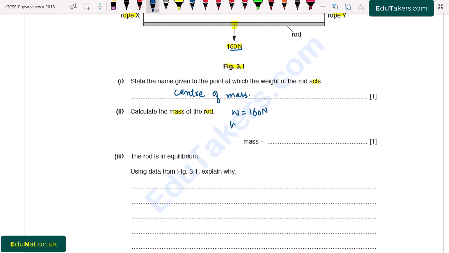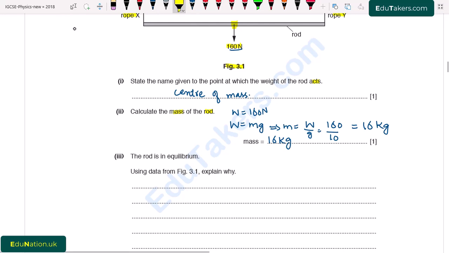So weight is the product of mass and acceleration due to gravity. When we find out mass, it comes to be W over g and weight is given 160 Newton and the value of g is 10 meter per second square. So I write here 10, it becomes 16. So the mass of this rod comes to be 16 kilogram. I write here 16 kilogram.